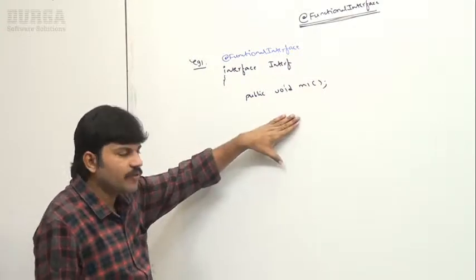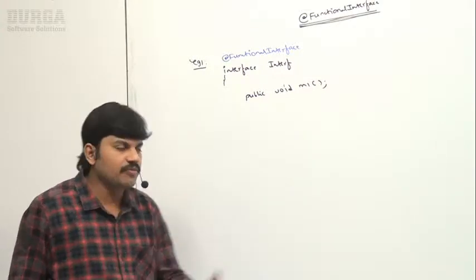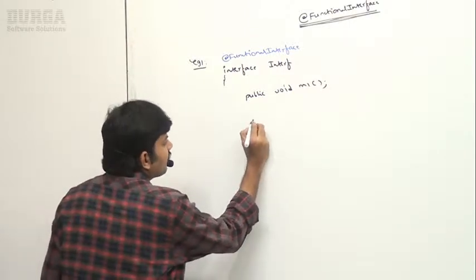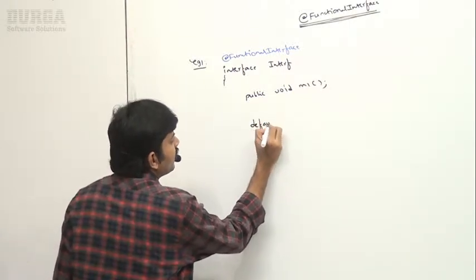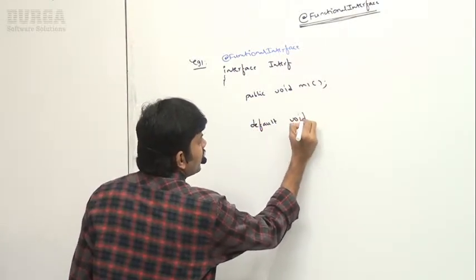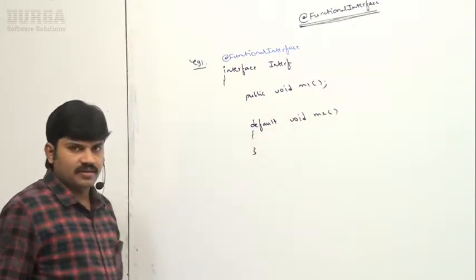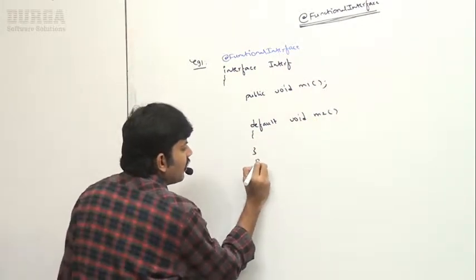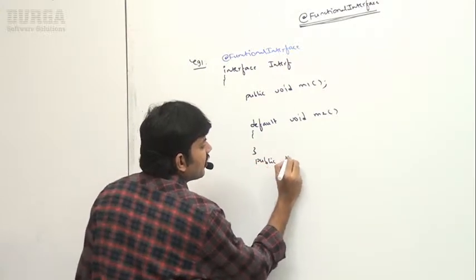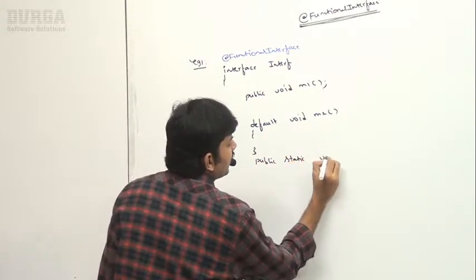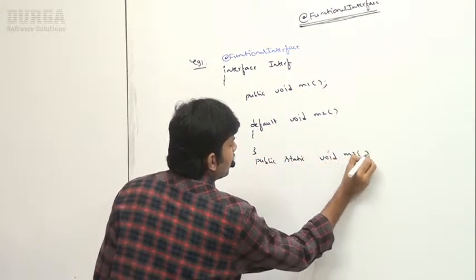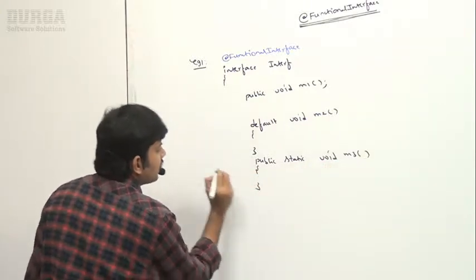Of course, default and static methods we can take explicitly. Sir, now let me add one default method also. Default void m2. Is it valid or not? Yes. Sir, let me add one static method also. Public static void m3 method. Like this I'm taking, sir.